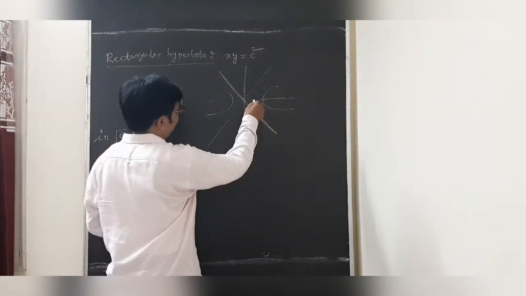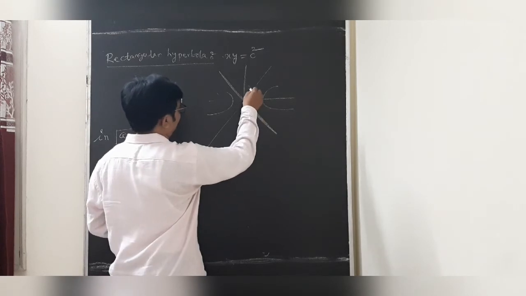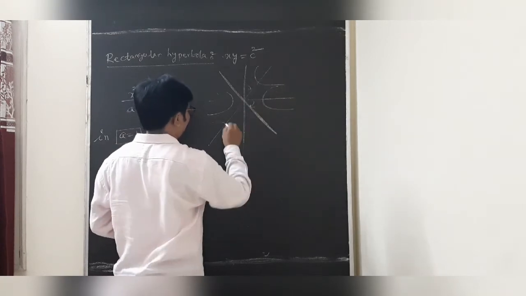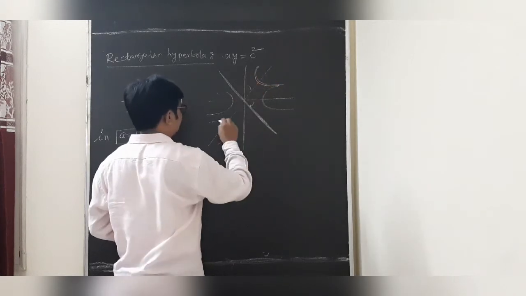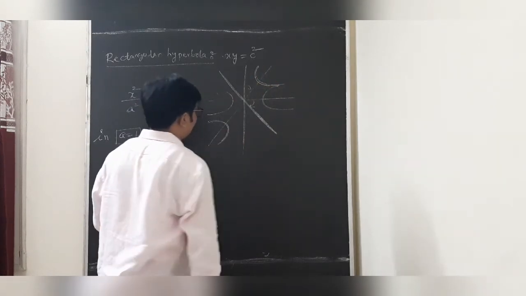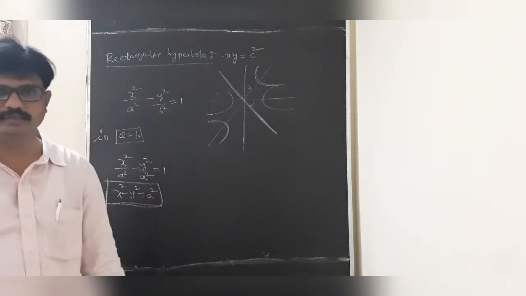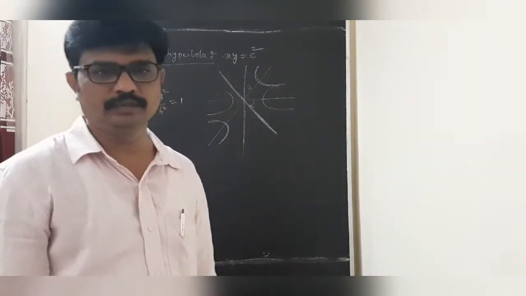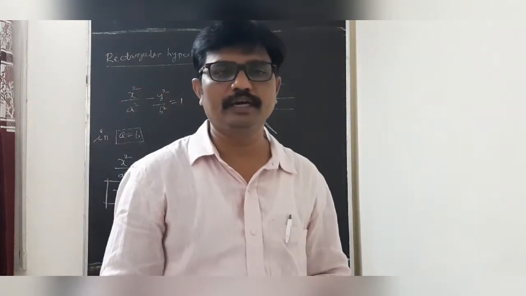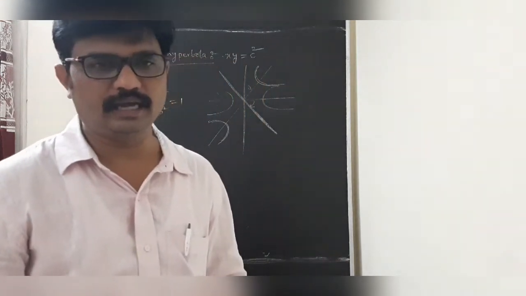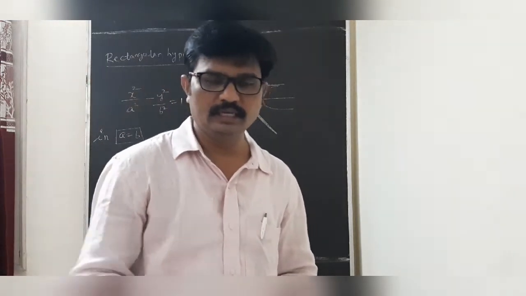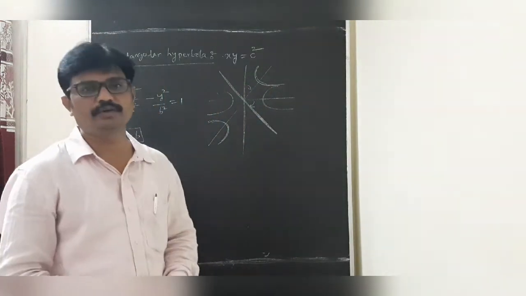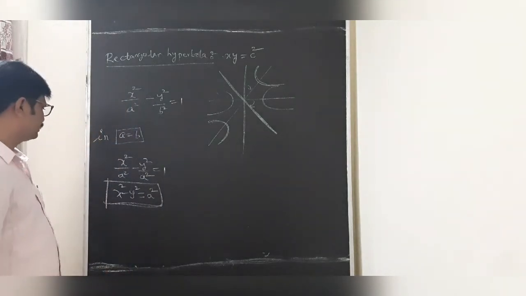Then the equation of the rectangular hyperbola we get is xy equal to c square. We have to know the rotation of axes from first year. If the axes are rotated through an angle theta without changing the position of the origin, then the transformation is called the rotation of axes.